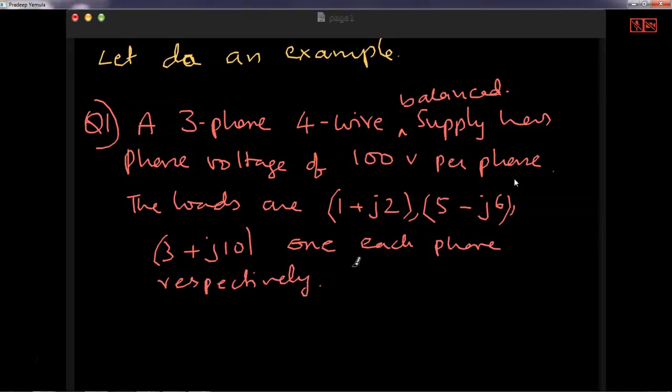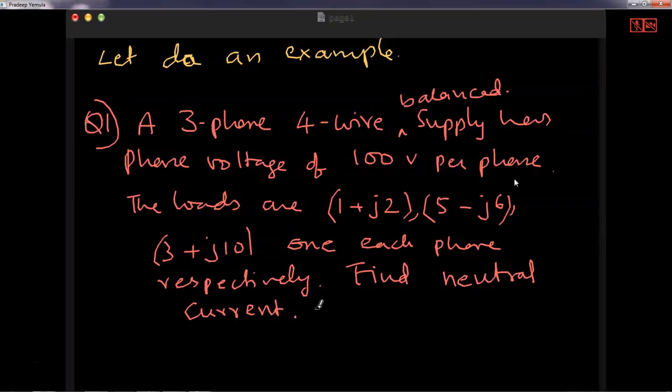Find the neutral current. So this is the question. What is the current in the neutral wire? We will have to find out.